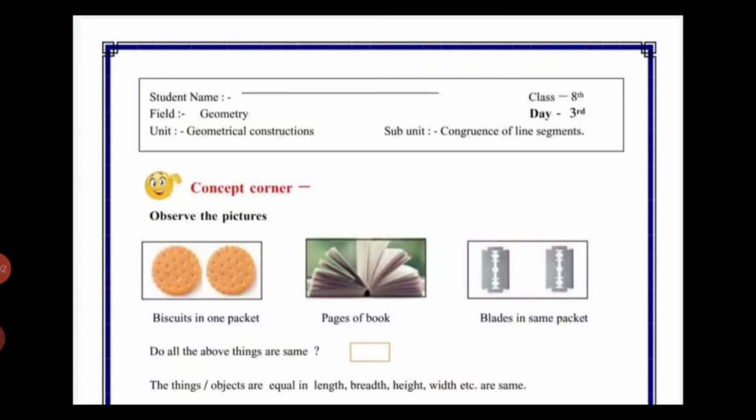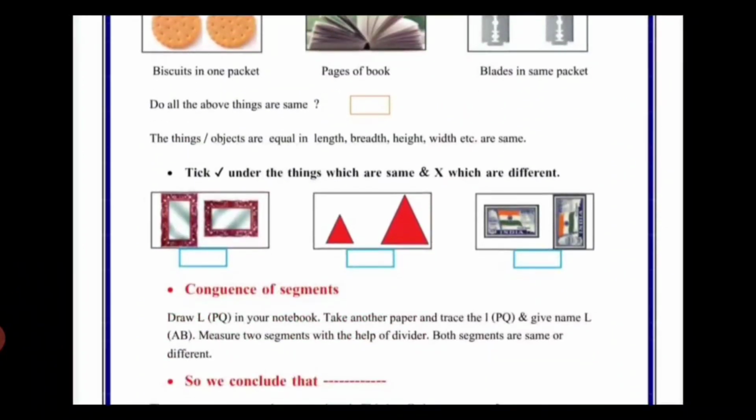So on day 3 you all will have to recall and revise again the concept related to geometry. The unit is geometrical construction and the subunit is congruence of line segments. So you all have to read it to clear your concepts once again. Congruence of segments is the main concept.